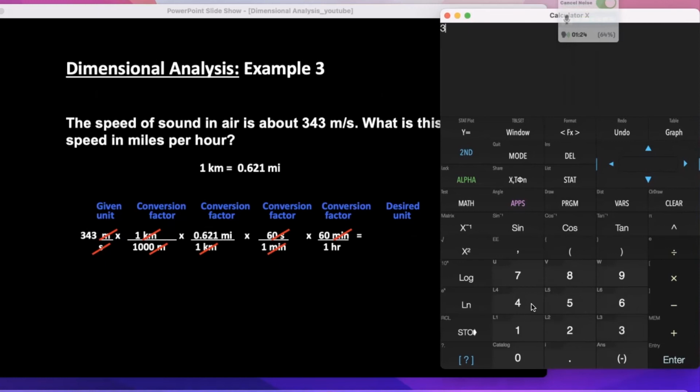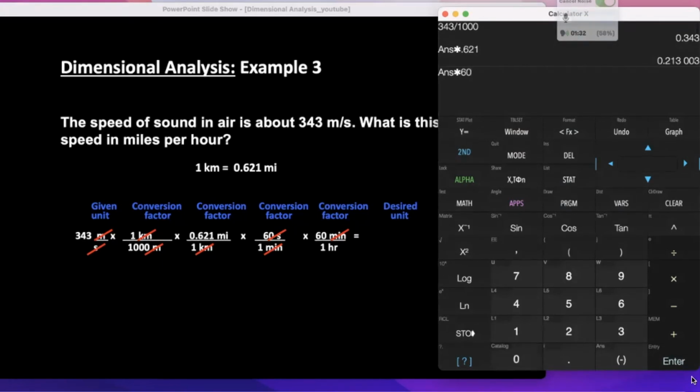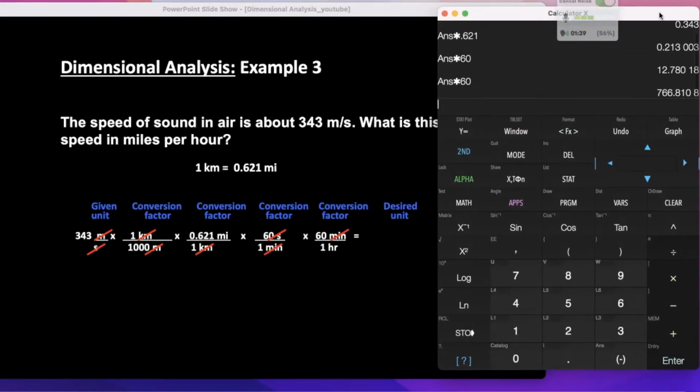So we got 343 divided by 1,000 times 0.621 times 60 and then times the last 60. 766.8108 is what I got in this calculator.